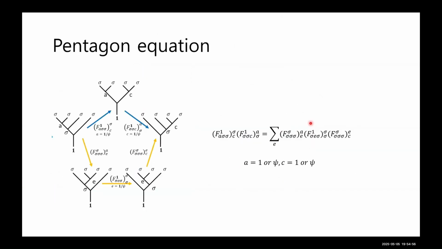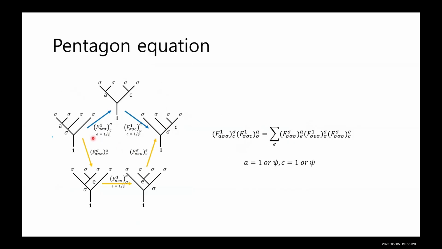To calculate those elements, we have to make a pentagon equation. Let's imagine we have four sigma anyons, that is more than three, and we are trying to make the same result from the same initial state. So we can change their fusion location by F matrix from here to here and here to here.